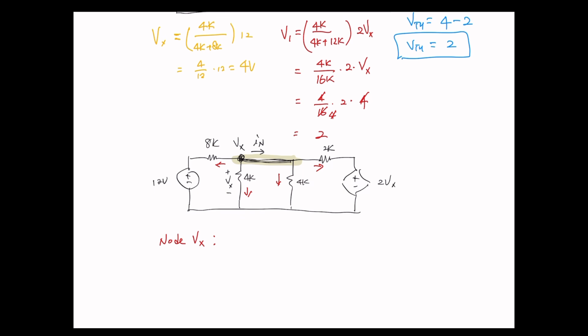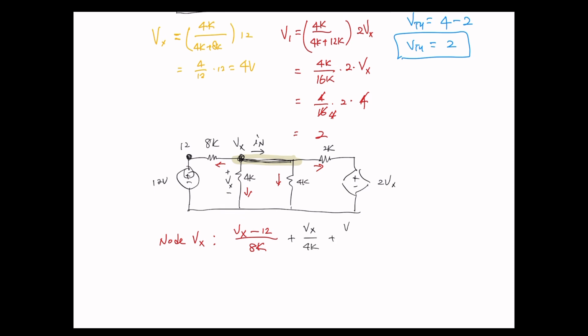For the first one, on the left side, Vx minus 12 over 8K, because we know this node is 12, and it is positive because it's plus at the top. And downward, Vx over 4K.